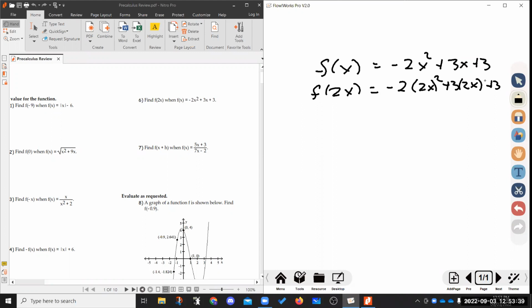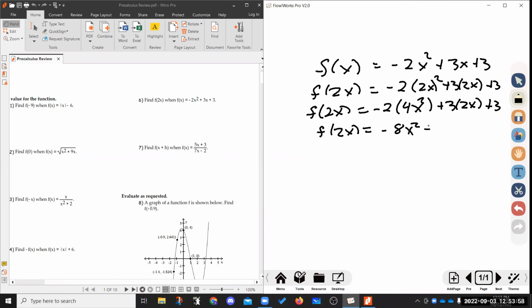We're making everything happening with y happen 2 times faster. So the graph is compressing horizontally. -2 times 4x squared plus 3 times 2x plus 3 is -8x squared plus 6x plus 3.